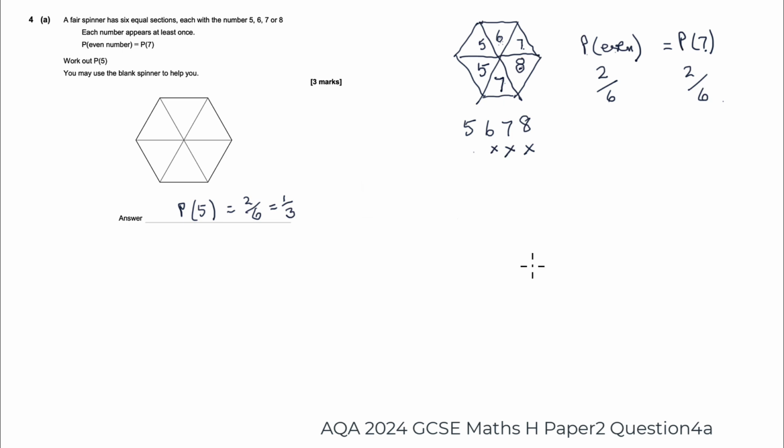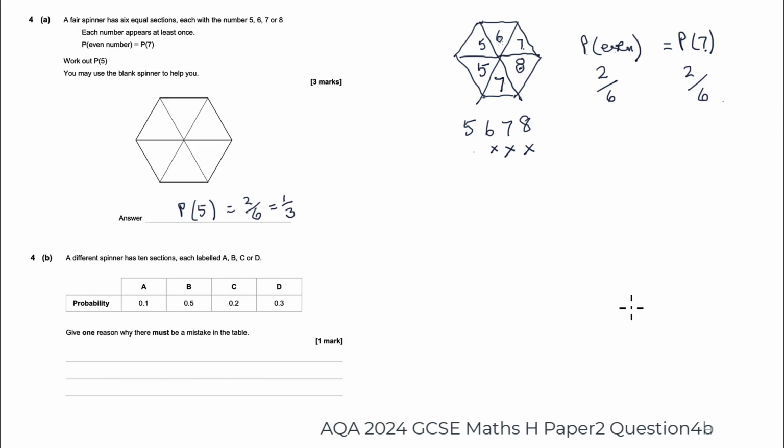So let's have a look now at the second part of that question. There's a different spinner. It's 10 sections and they're each labelled A, B, C or D. The probability of an A appearing is once out of 10, 0.1, one chance out of 10.